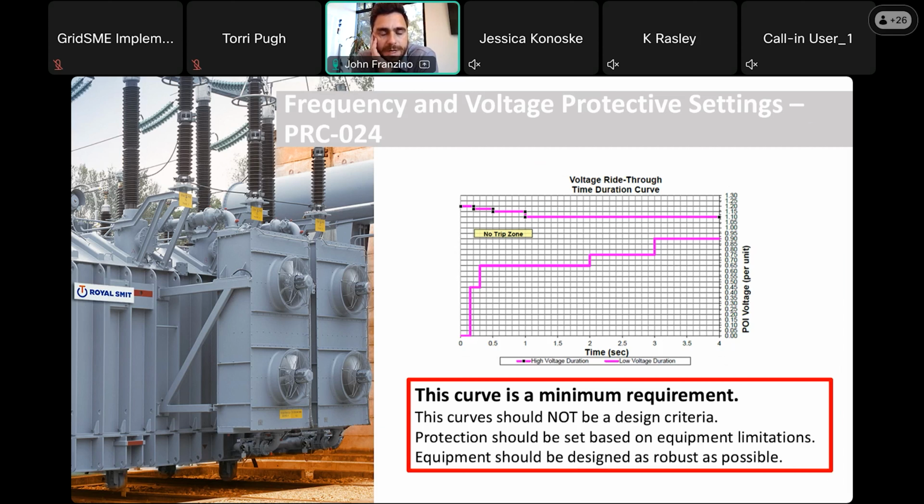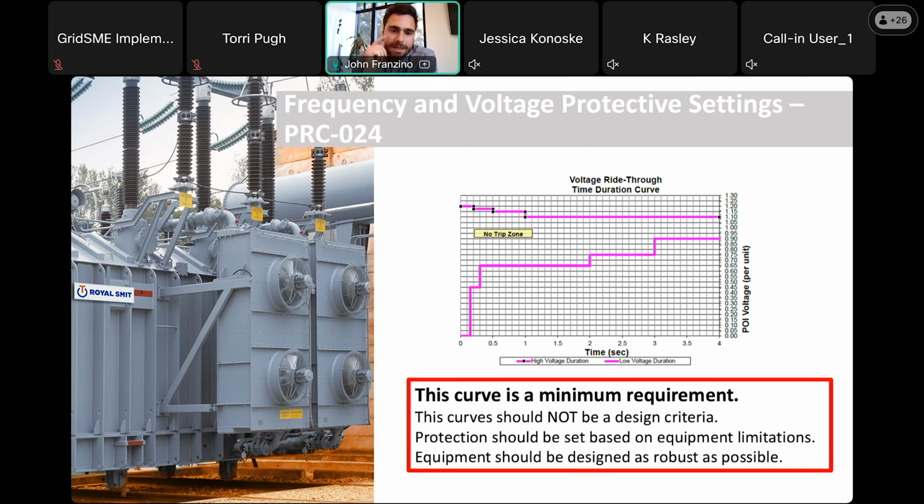What has happened in practice, especially with the advent of IBRs in recent years, is that many people have looked at those step curves as where they should set their protection system settings. But as you can see, this is a snippet from one of the many grid disturbance reports that we touched on in the NERC 101 session, related to IBRs and events that have been either caused or exacerbated by inverter-based resources.